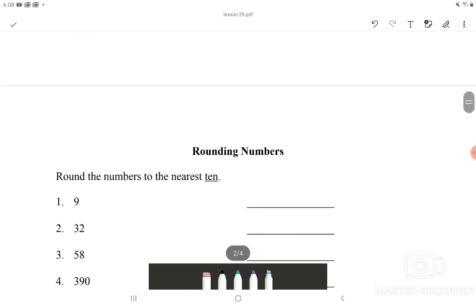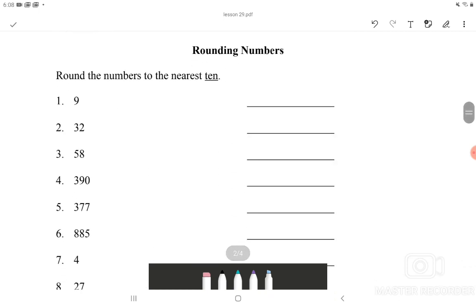Moving on to the next section, you have rounding numbers, and it asks us to round to the nearest 10. Starting with number 2. Number 2, the tens place is 3, which is the first number, and you would have to think if 32 is closer to 30 or 40, because it's rounding to tens.